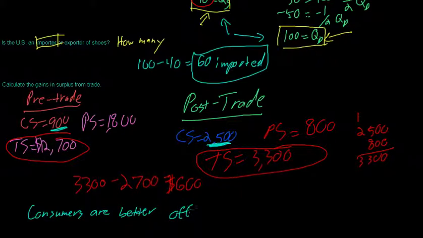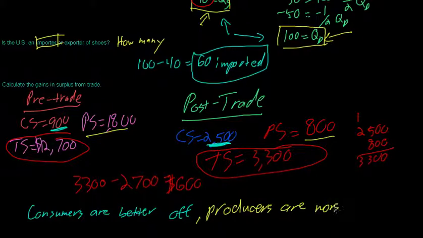And then the other thing that I want to say is that because producer surplus fell from 1,800 to 800, producers are worse off. I should caveat this and say that domestic producers are worse off.